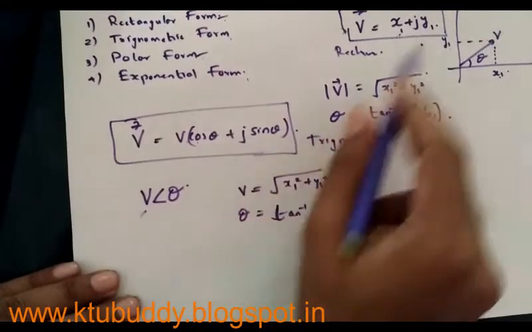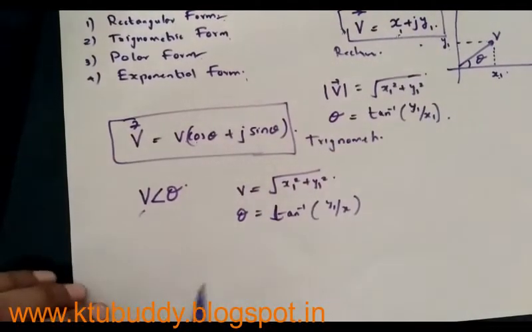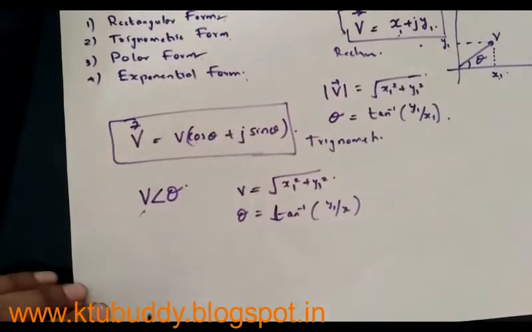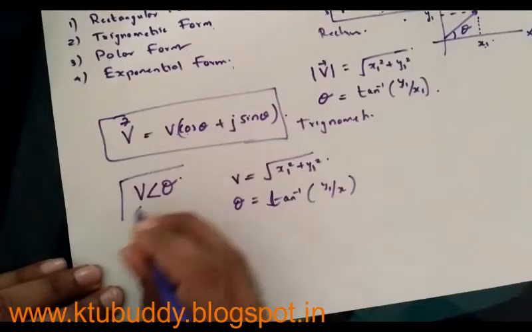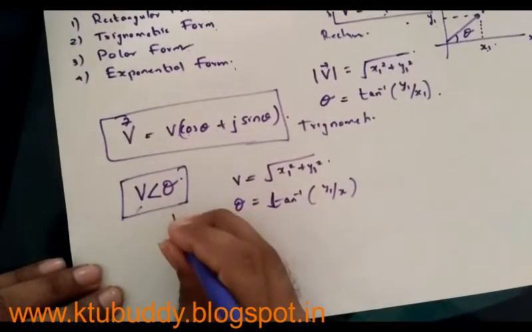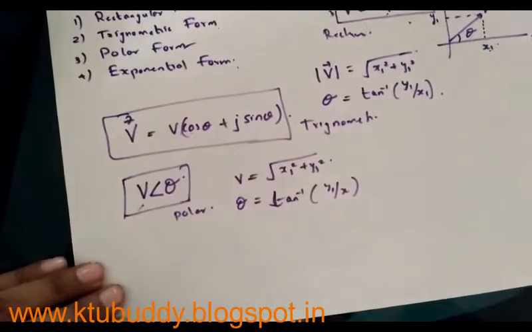From these two expressions, we can clearly understand the relation between rectangular form and polar form. So this is the representation of a phasor in polar form.